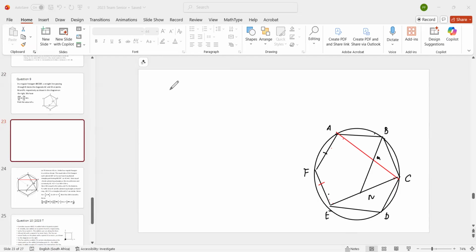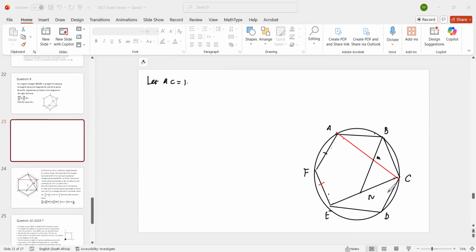Now I'm going to say let AC be equal to 1. In a geometry picture, you can always take any one particular line and call it 1, but that's it. The rest of it, you'll have to name according to that 1. If it's half the length, you must name the half, and so on. To simplify calculations, we do that kind of thing. So AC is equal to 1. Remember, I told you that this is an equilateral triangle. If AC is equal to 1, this is also equal to 1.